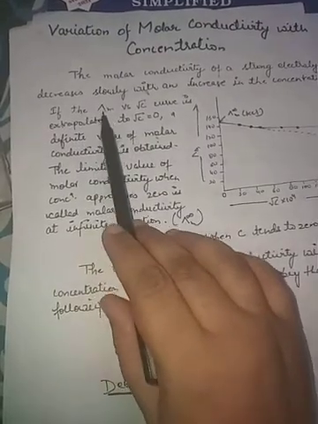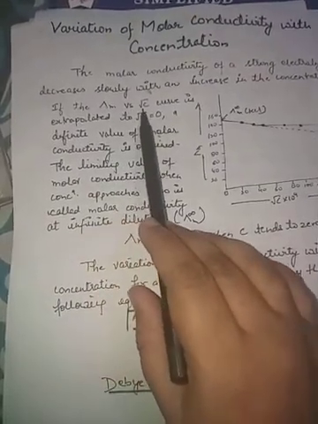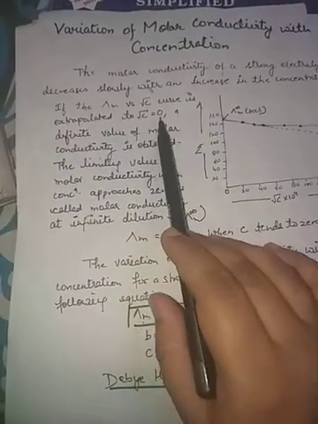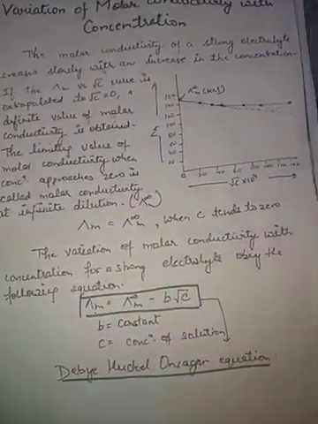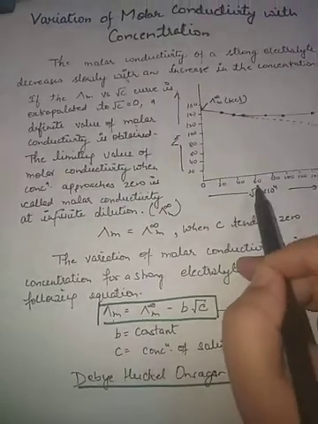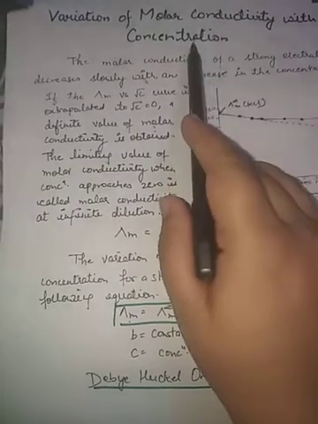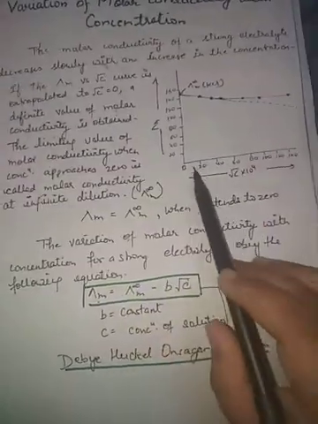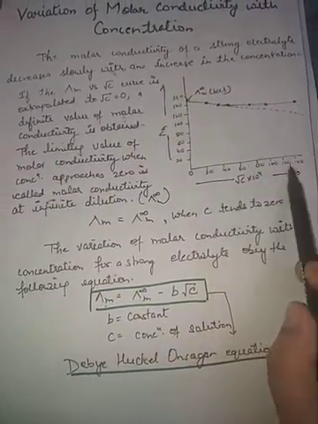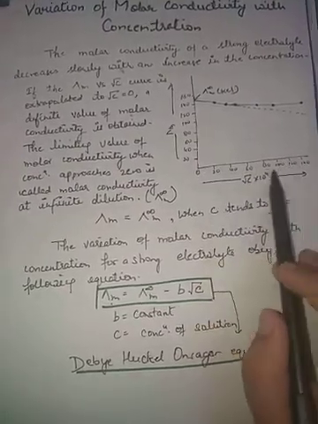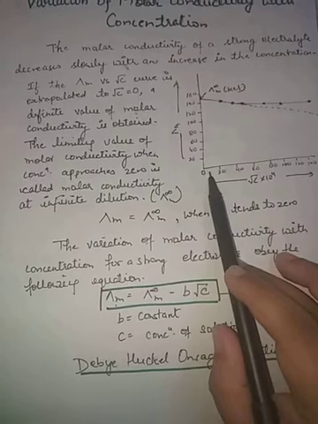If the molar conductivity versus root C curve is extrapolated to root C equals 0. See, if we talk about dilution, here we have to study the molar conductivity with concentration. It means we'll study it with the increase in concentration and with the decrease in concentration, that means dilution.